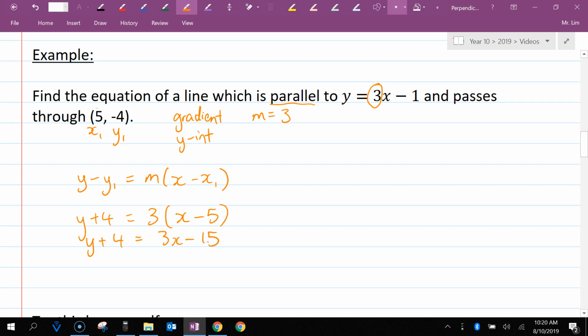Subtracting 4 from both sides, y is equal to 3x minus 19, our final answer. That is the equation of the line that's parallel to y equals 3x minus 1 and passes through (5, minus 4).